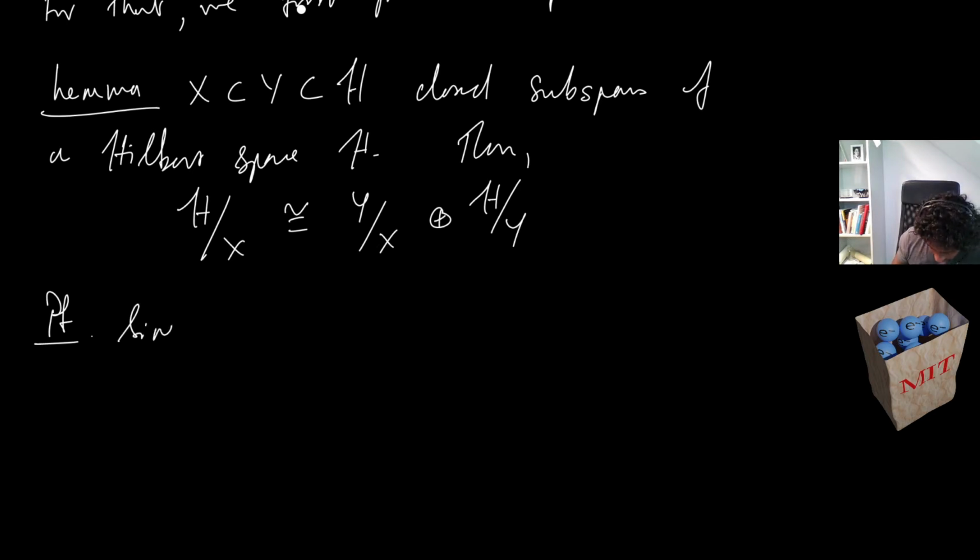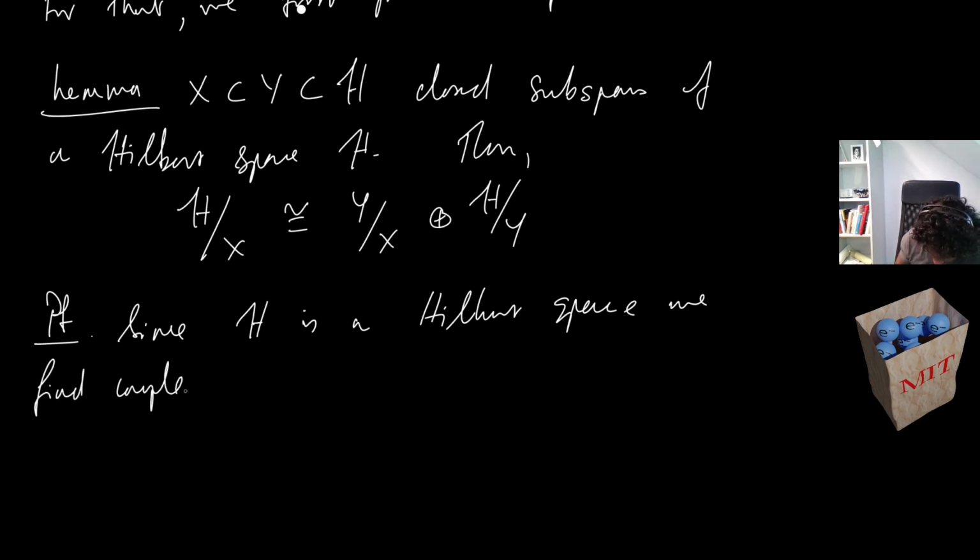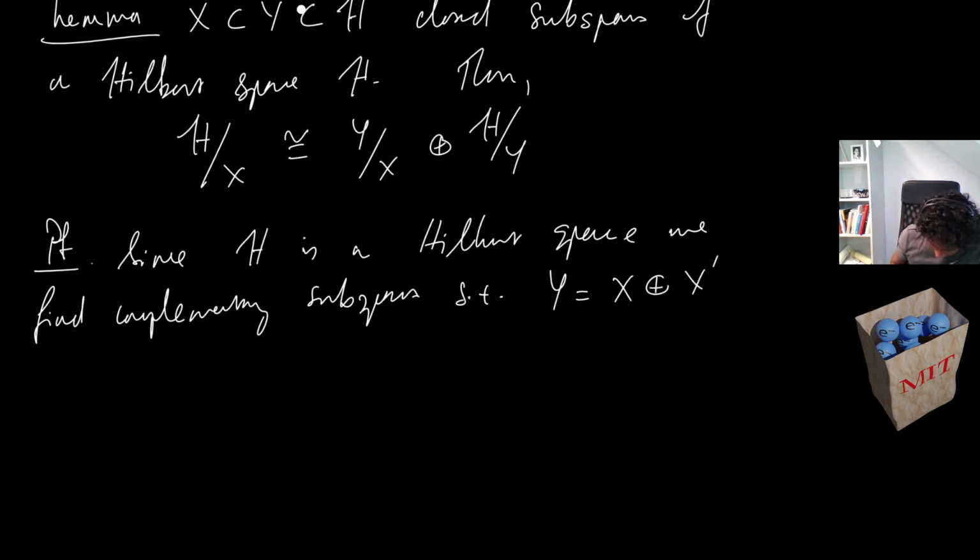Since H is a Hilbert space, we find complementary subspaces, taking the orthogonal complement, such that Y is equal to X plus some X prime and H equals some Y plus Y prime. Okay?